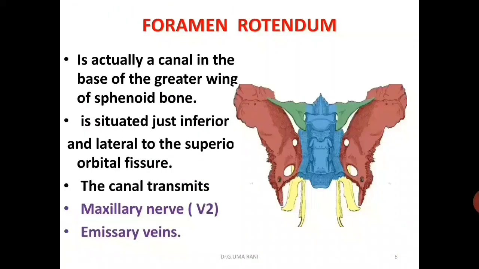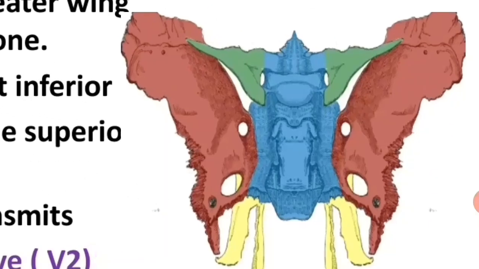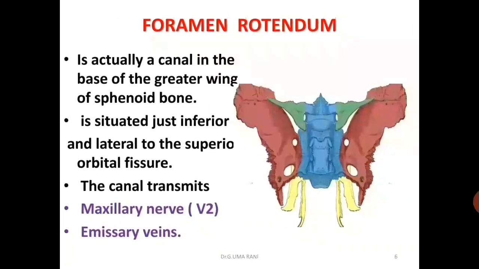So the next opening is the foramen rotundum. It also lies in the greater wing of the sphenoid bone, above the foramen ovale. It is a canal present in the base of the greater wing of the sphenoid bone, and it is situated inferior and lateral to the superior orbital fissure.